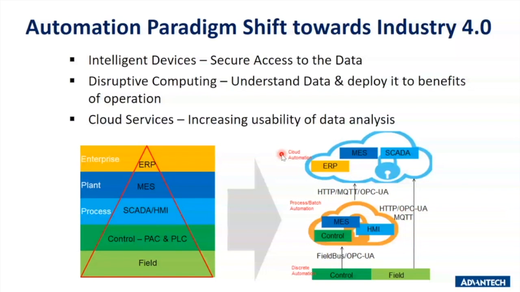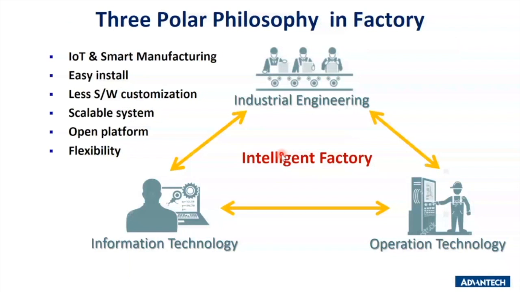So next, in a big organization, there are always three important departments, namely the information technology, IT department, the operation technology, OT department. And there is also another department, some call industrial engineering, IE. The IT department focuses on the company's IT network infrastructure: server, storage, or ERP, all this kind of system.